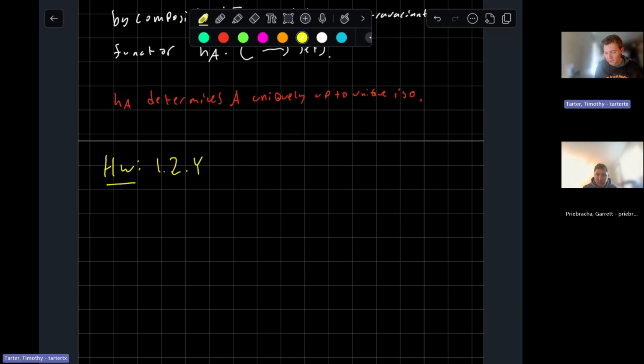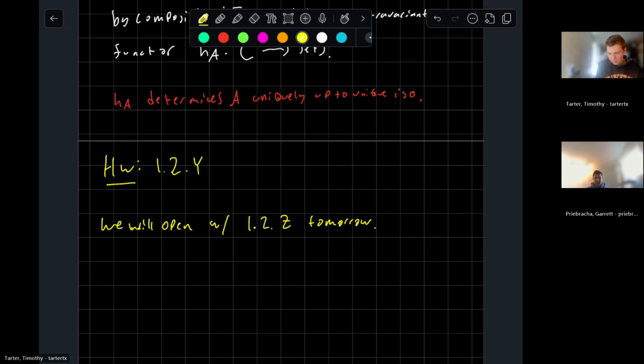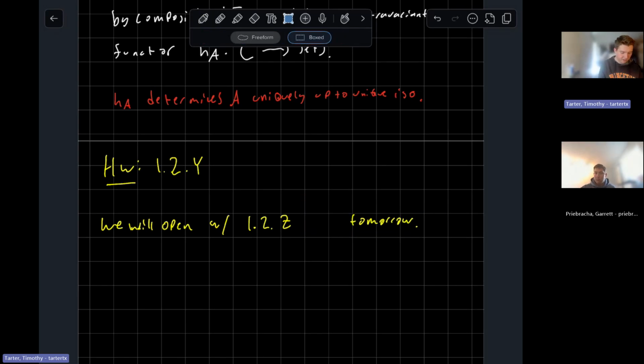And then 1.2.z is what we'll talk about and open with tomorrow.